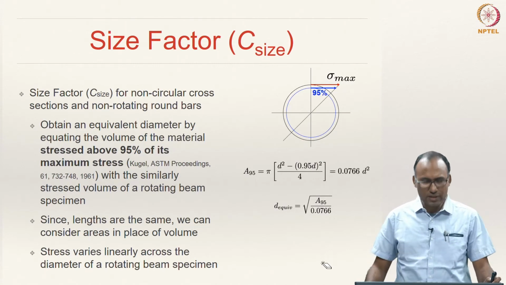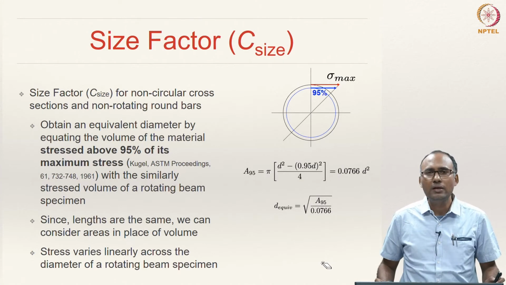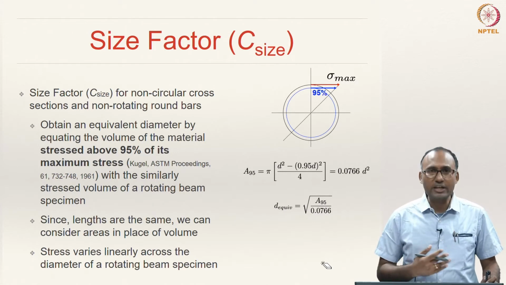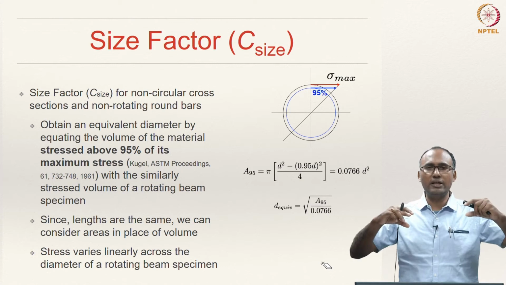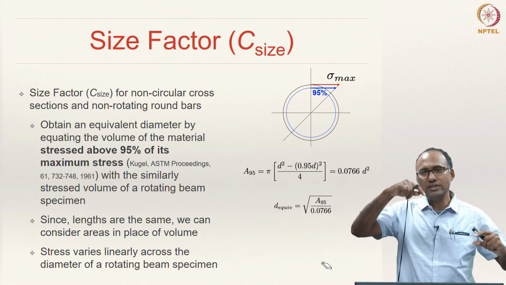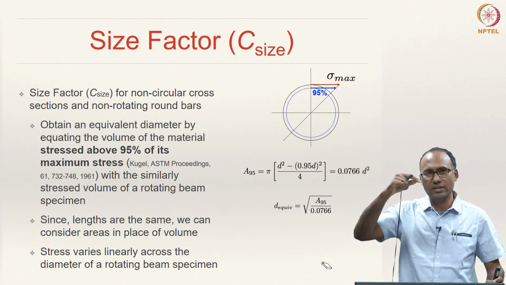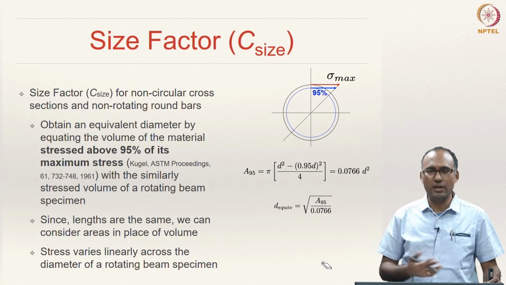So, I will explain briefly how one should deal with non-circular cross sections and also non-rotating round bars. If it is not rotating, it is also important, because the same material point that is under high stress probably continues to be in the high stress region, and so on.